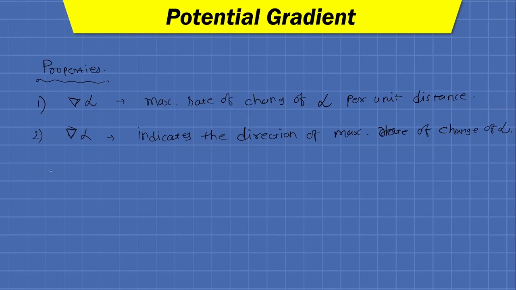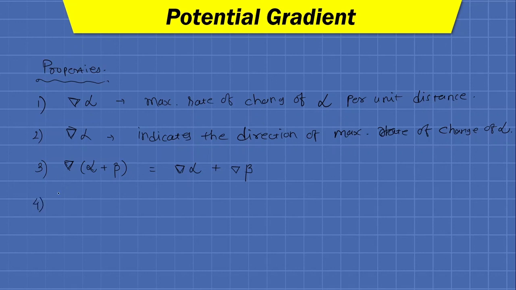Thirdly, we have some mathematical relationships. If we have the gradient of the sum of two scalars, alpha plus beta, it will follow the distributive rule, so it will be gradient of alpha plus gradient of beta.